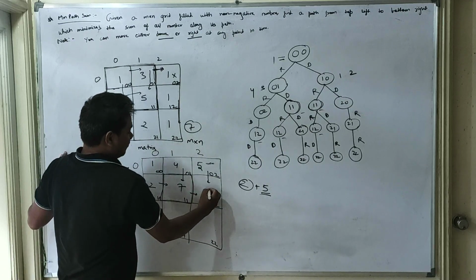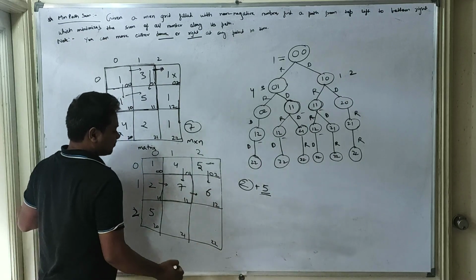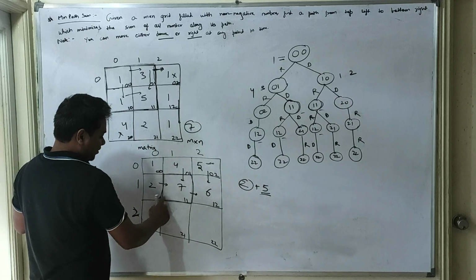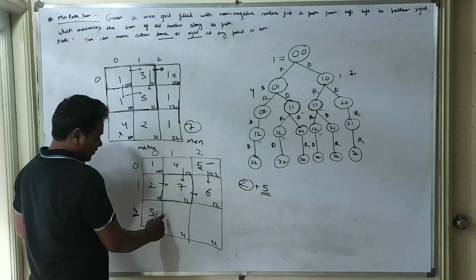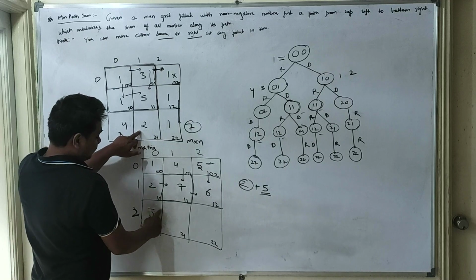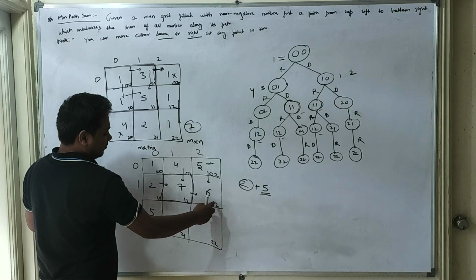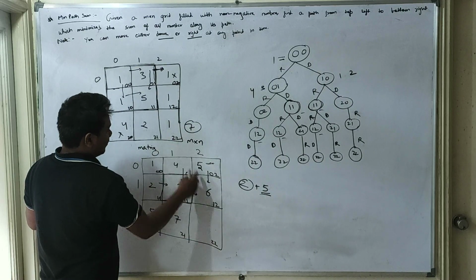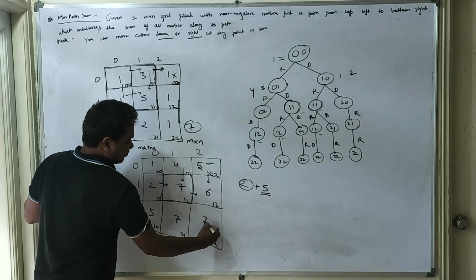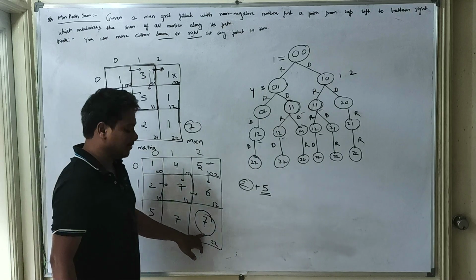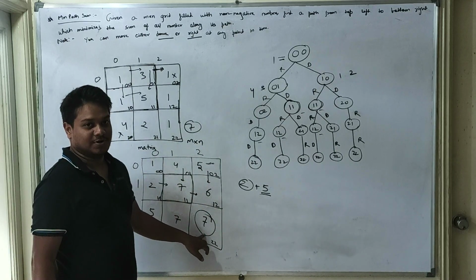So 5 plus 1 would be 6 in this scenario. Now for this cell, again 7 and 5, 5 would be the minimum value, then 5 plus 2 would be 7. Then out of 6 and 7, 6 is the minimum value, then 6 plus 1 would be 7. So 7 is the minimum path sum in this particular scenario.